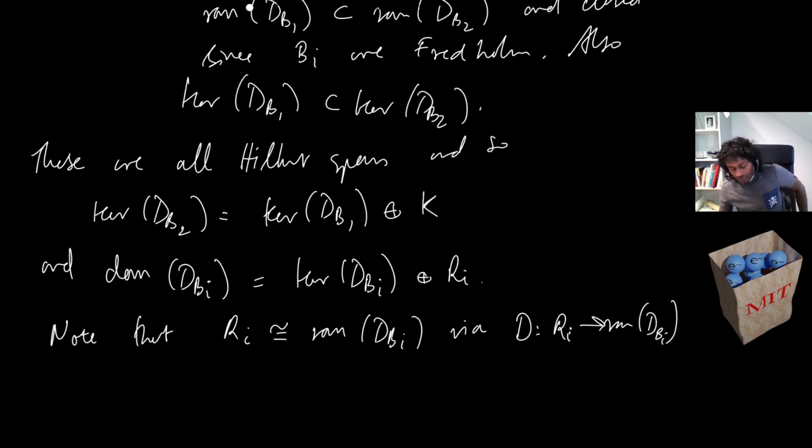The point is that from the domain of dBi to the range, it's a surjection, and the thing that gets in the way of it being an injection is, of course, the kernel. So if we have a subspace complementary and away from the kernel, then the map D has to map that one-to-one to the range.